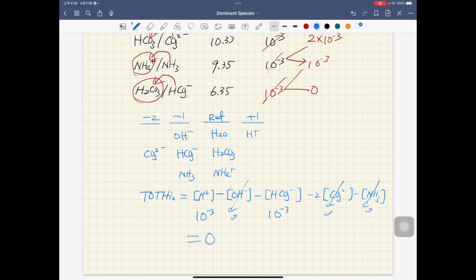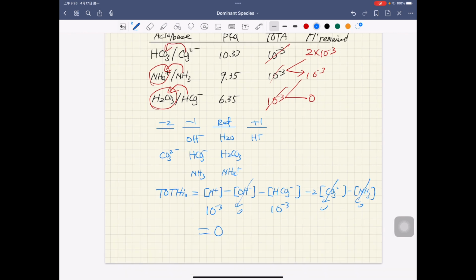Very important. If you have the right dominant species identified, and you write the total H based on that dominant species, usually total H in will be very small. The best will be 0, okay? Remember, we want it to be 0. And total H in is equal to what? Total H at equilibrium.